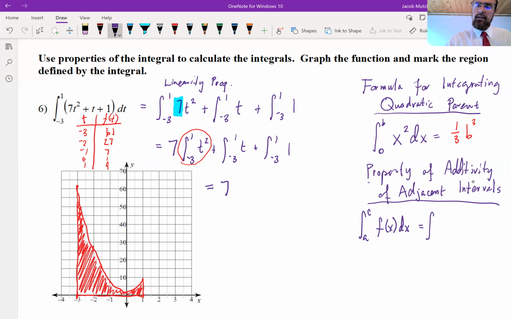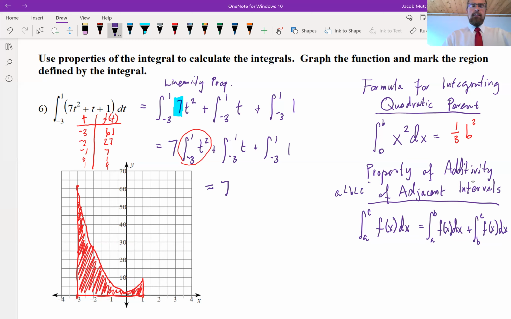So what we should say out here is that a is less than b is less than c, that's equivalent to the integral from a to b of f of x dx plus the integral from b to c of f of x dx. So I can split the interval into 2.